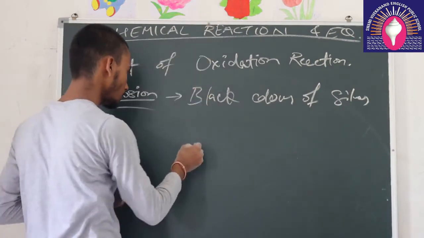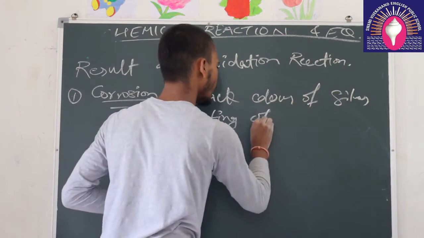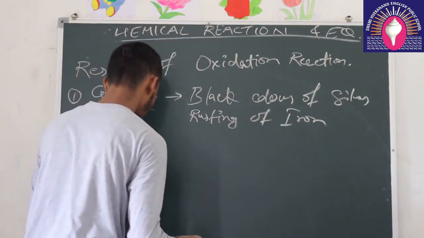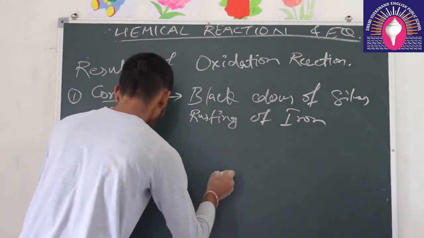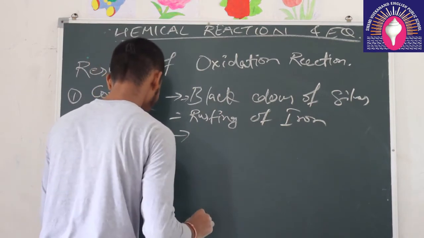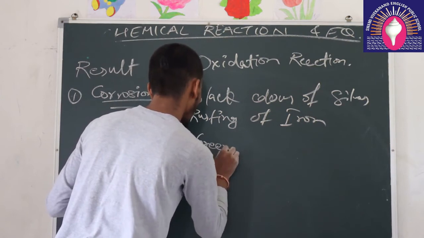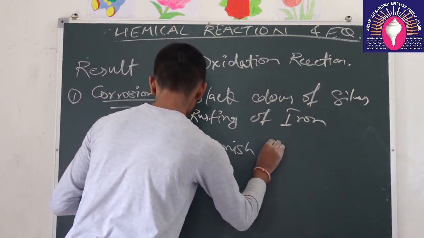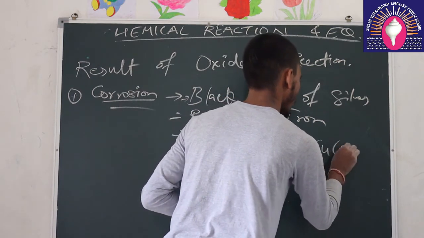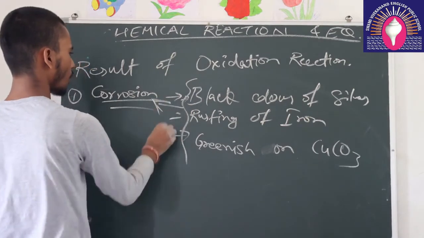Rusting of iron, and the third is the greenish coating on copper carbonate substances. These are the three examples of corrosion.